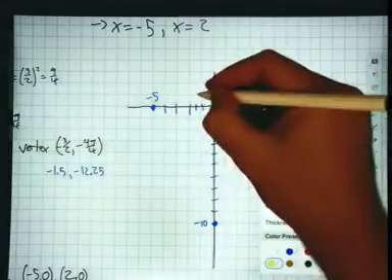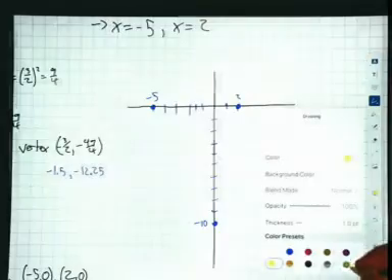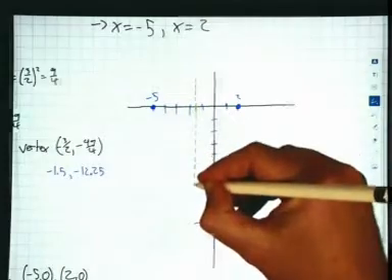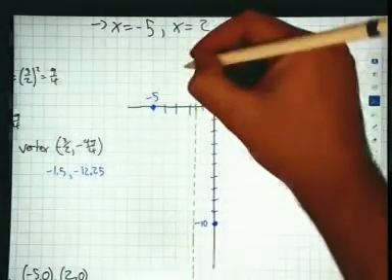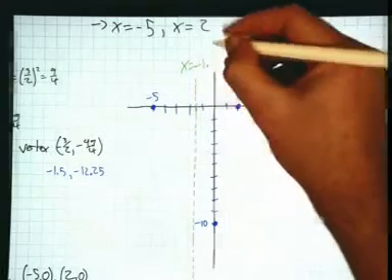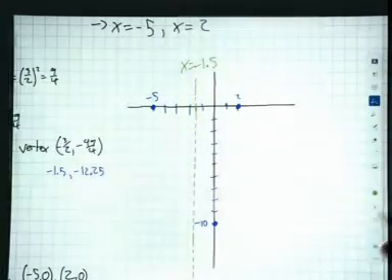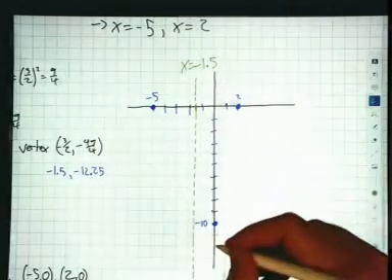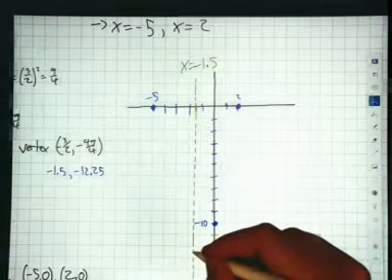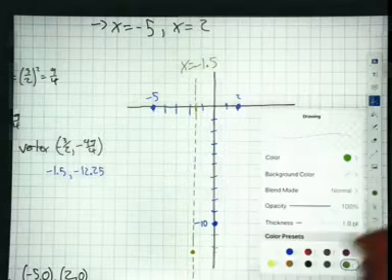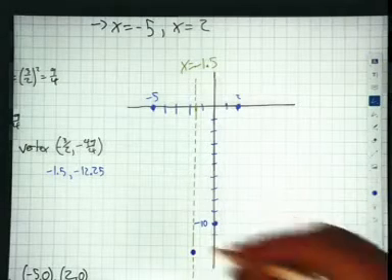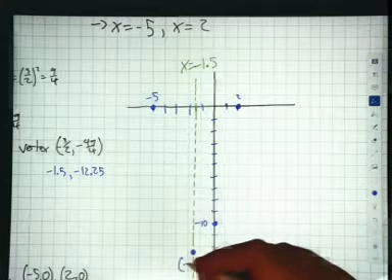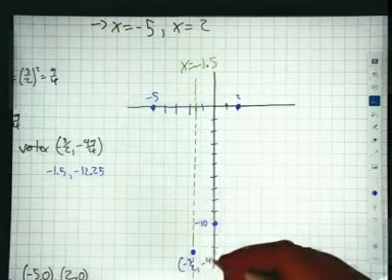In fact, I'll just use x equals negative 1.5, because we're going to want to know this later on anyways. And then we want to also graph the negative 12.25, so negative 10, negative 11, 12, 12.25 right about there. So there is our vertex at negative 3 halves, comma, negative 49 over 4.